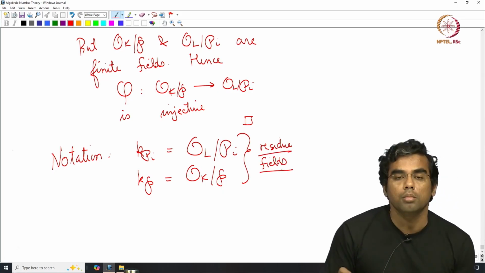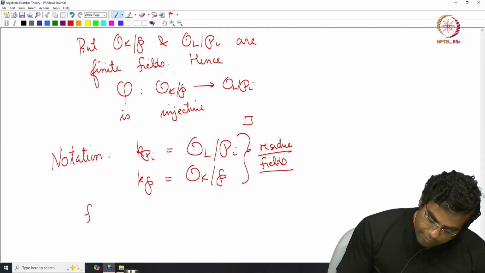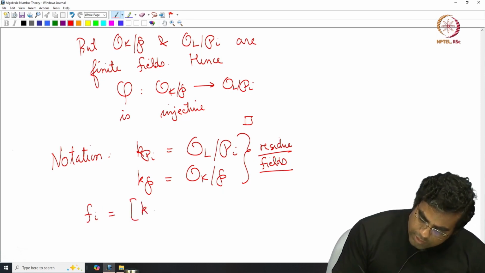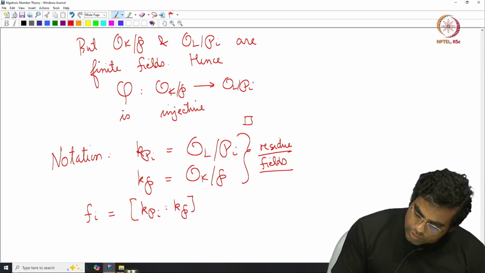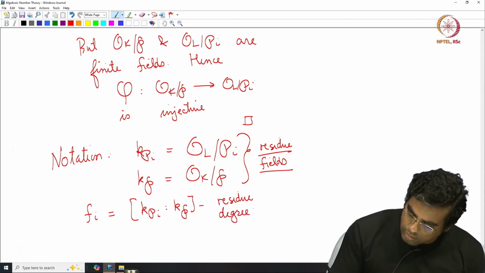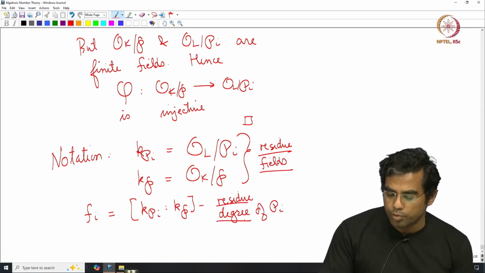So, that is the name, and then Fi is the degree of this field extension, and this is called the residue degree of Pi. So, again an important invariant.